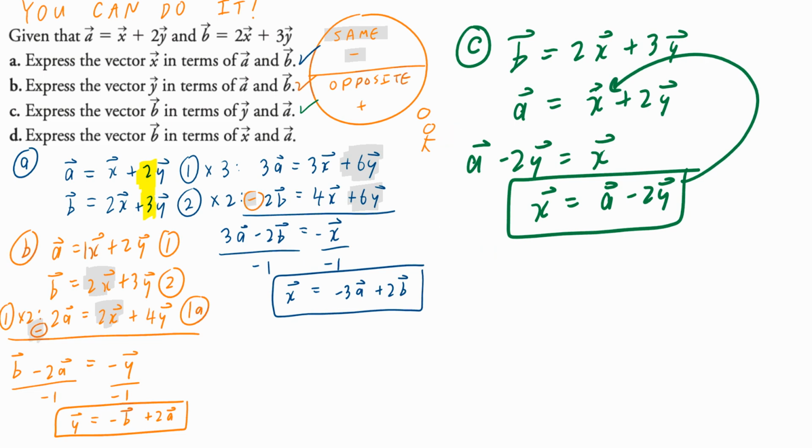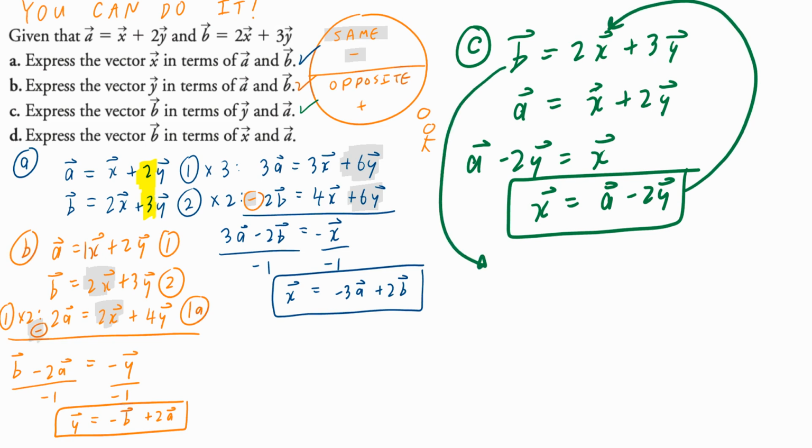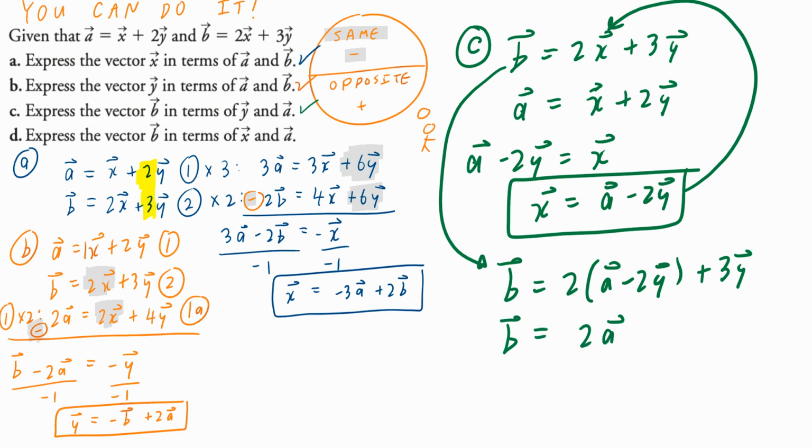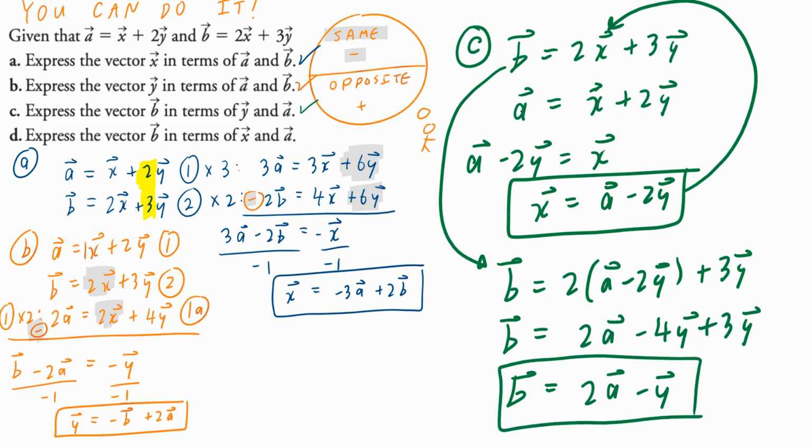If I plug it back in into here, this implies vector b equals 2 times vector a minus 2 times vector y plus 3 times vector y. And if you collect like terms, this is going to be 2 times a minus 4 times y plus 3 times y, which means b equals 2a minus y. And again, that's how you express vector b in terms of vector y and vector a.